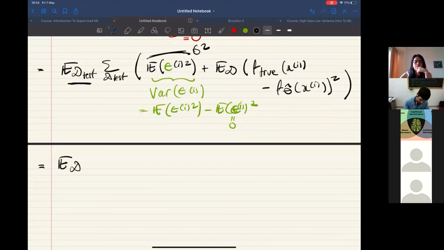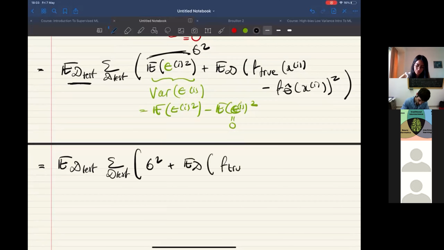All right. So now what I do is something completely trivial. I will add and remove one term inside this square here. I will write f true, that depends on the test sample x_i.